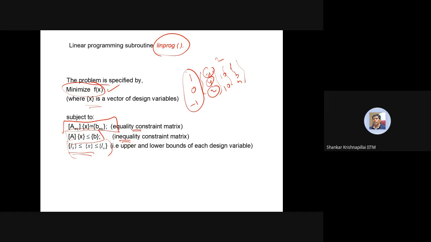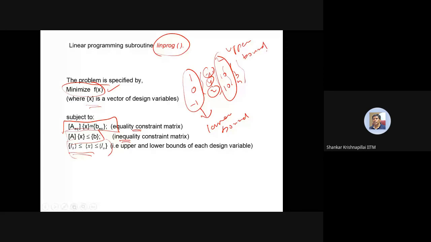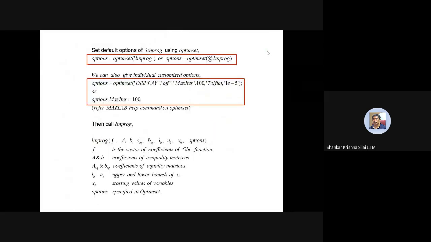These are the lower bounds and these are the upper bounds. All this data has to be supplied to the program. So this is the definition of the linprog subroutine.